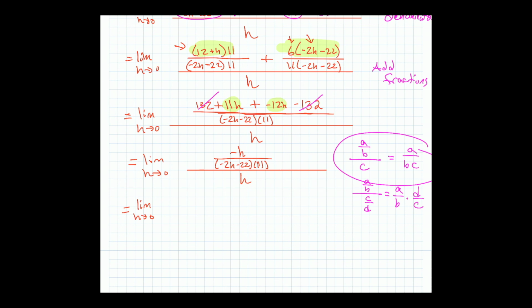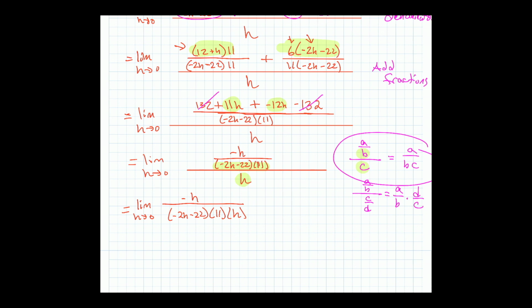So we can rewrite this fraction as basically this part right here is the b over here, and the h is the c. So when we write it out, we're going to have negative h over negative 2h minus 22 times 11, and then there's an h.